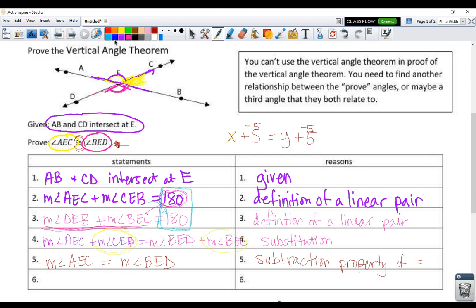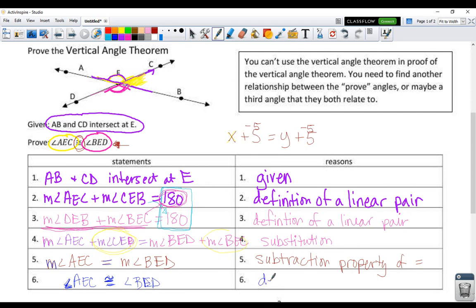So measures equal. Maybe this is stirring your memory, maybe not. Maybe you've never seen this before in your life. But there is something that says if the measures of two angles are equal, then the actual angles themselves are congruent. If the measure of an angle equals a measure, then that means the actual angles themselves, the pictures, are congruent.